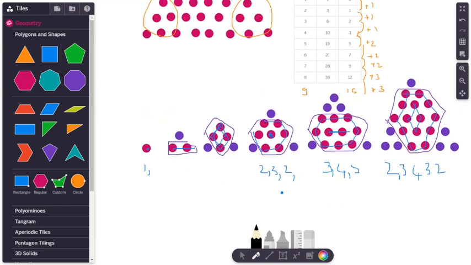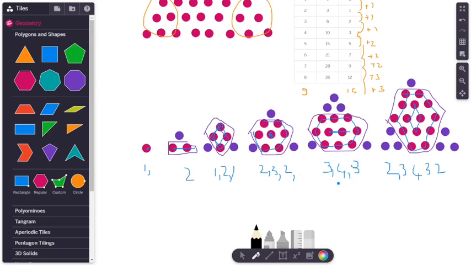So the next is 2, 1, and then 2, 1-2-1. Then plus 1, plus 1, plus 1: 2, 3, 2. Then plus 1, plus 1, plus 1: 3, 4, 3.